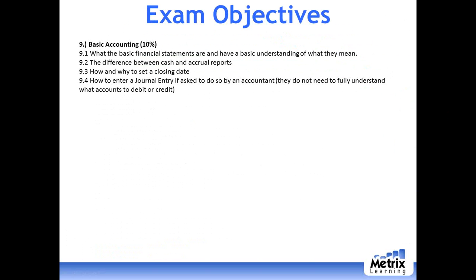Also, how and why to set a closing date. Why this is important is because it allows you to close the books and have it so that financial transactions dated for a specific year cannot be changed. So in the menu, you'll go to Company and then Set Closing Date. Also, how to enter a journal entry if asked to do so by an accountant.